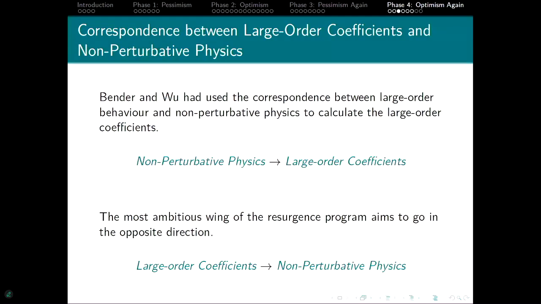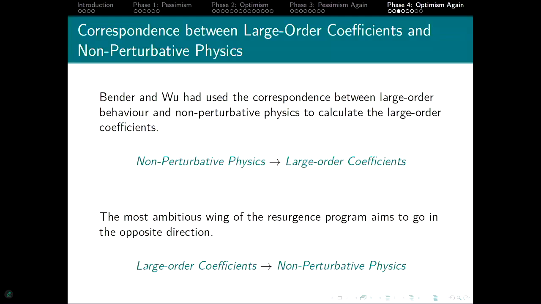But the motivation here is to go back to this correspondence between non-perturbative effects like instanton effects and the large order coefficients that I talked about when I was discussing Bender and Wu's work on the anharmonic oscillator. As I said, they established a quantitative connection between the decay rate of the ground state and the rate of factorial divergence of the perturbation series.